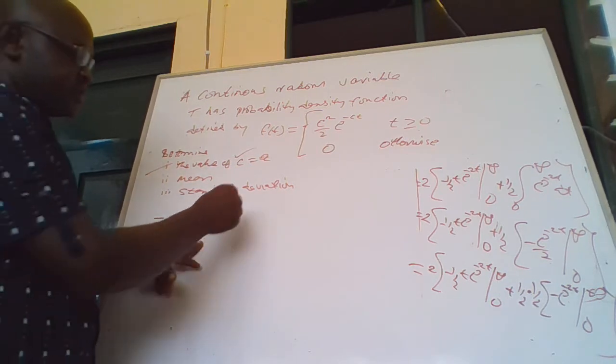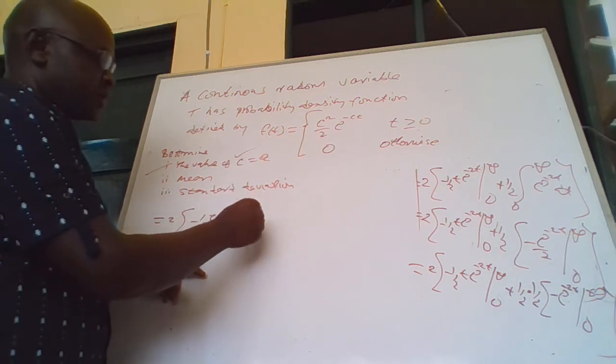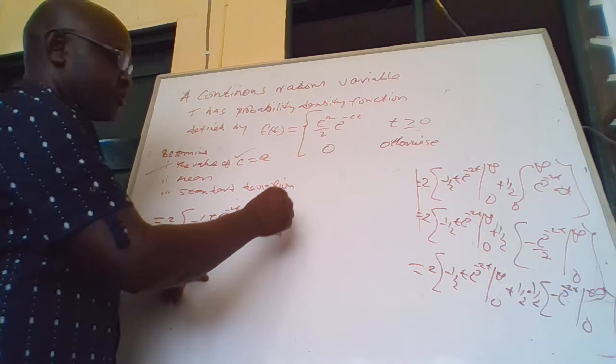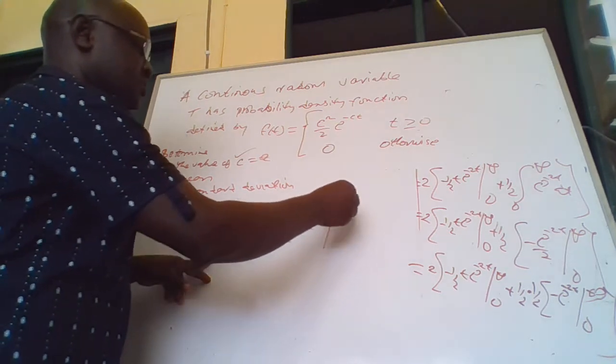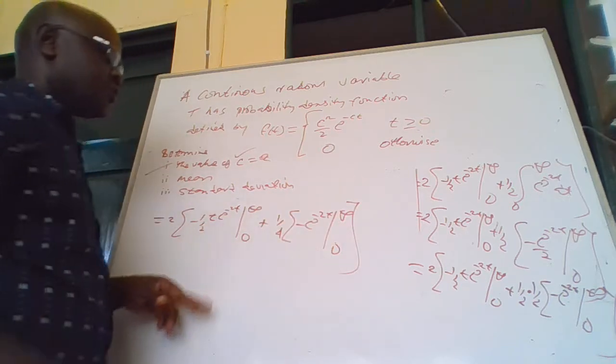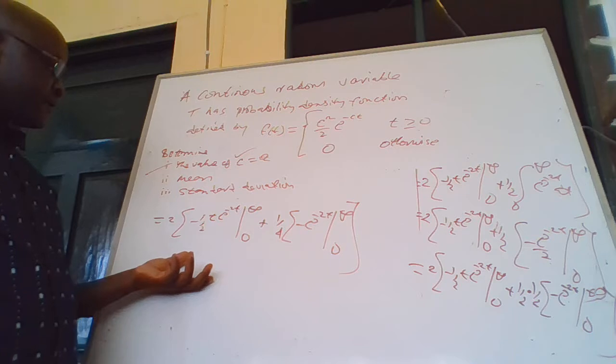We have this, the limits, then plus now is 1 all over 4 into minus exponent minus 2t. So at that point, then we now insert in the limits.